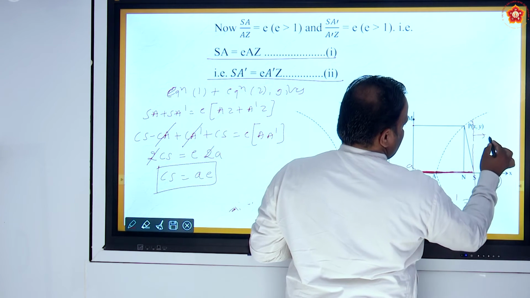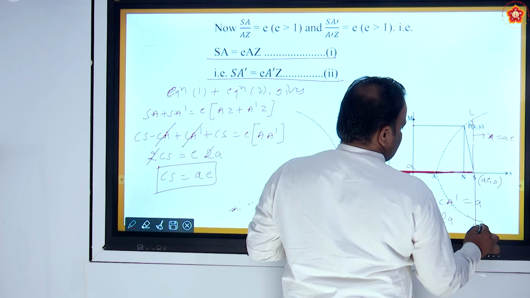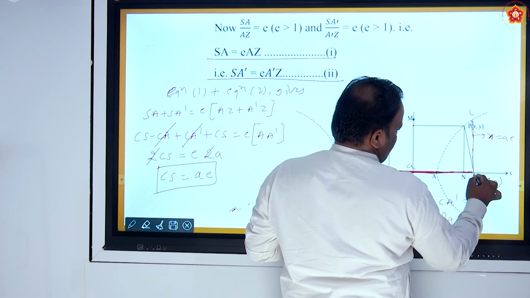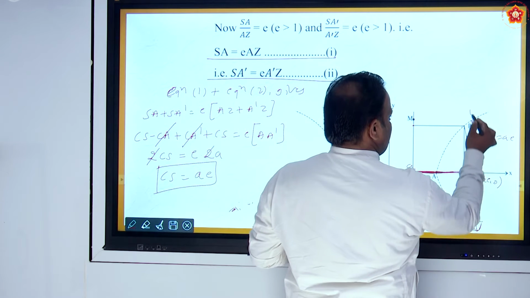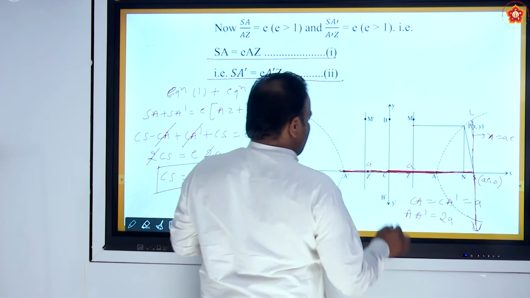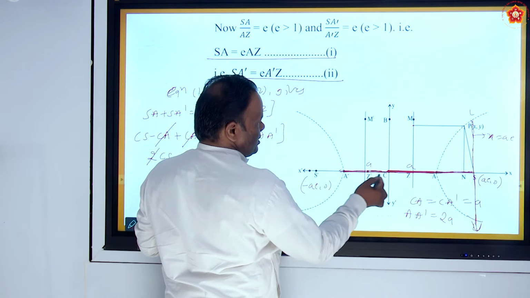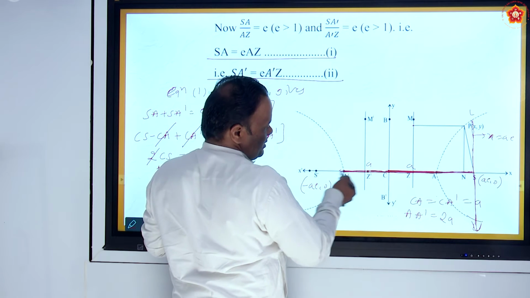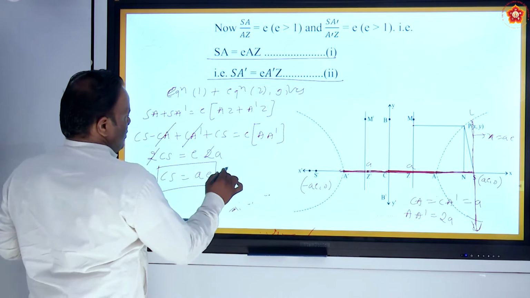What is the equation of LR? X equal to AE. This is latus rectum L L dash passing through the focus of the hyperbola. Similarly, S dash equal to minus AE comma 0, because this is the origin, this is the negative side, this is the positive side.